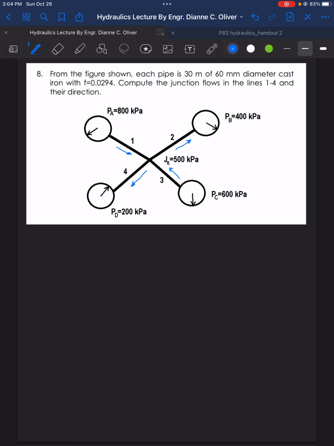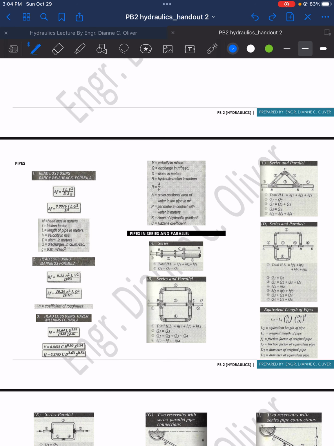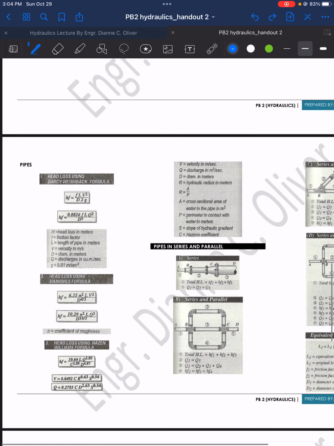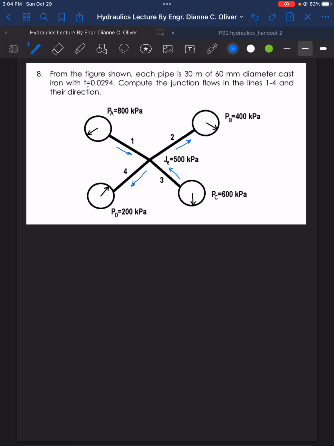Now let's compute for the discharge or the flow rate Q. Since we are given here the friction factor F, therefore we're going to use the Darcy-Weisbach formula. So the Darcy-Weisbach formula, HF is equal to 0.0826 FLQ squared all over D raised to 5.